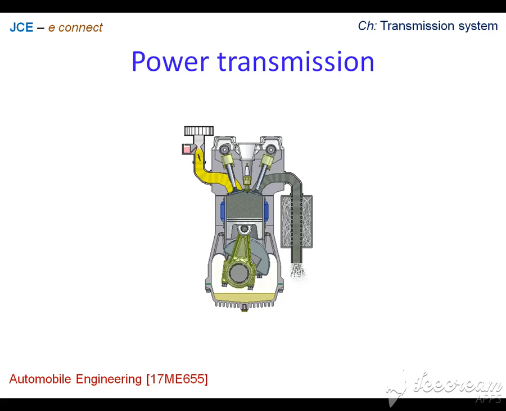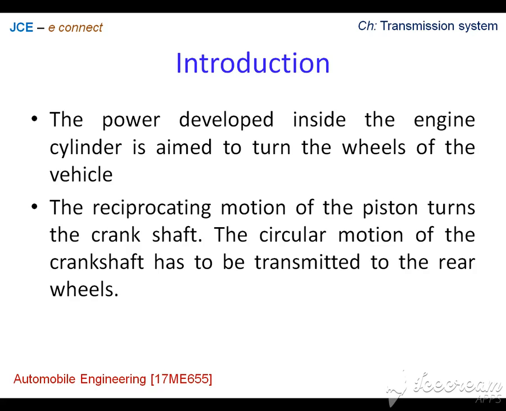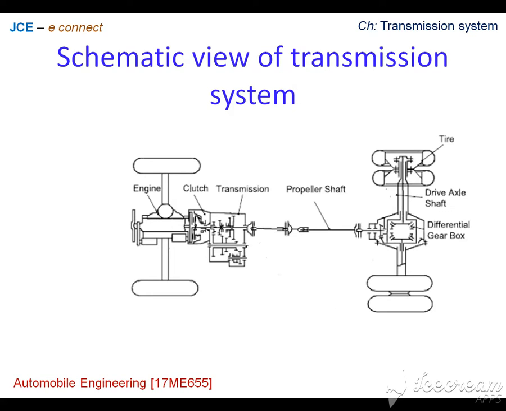For that we have to look at the layout of a transmission system. So we have a layout here. In this layout we can see we have an engine right in the front, and we have a front axle connected to the 2 wheels, and the engine is connected to the next part, the clutch, which is one of the important parts of a transmission system.